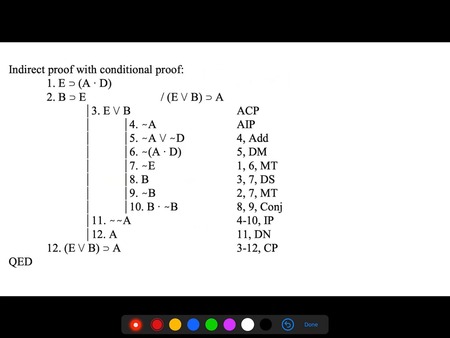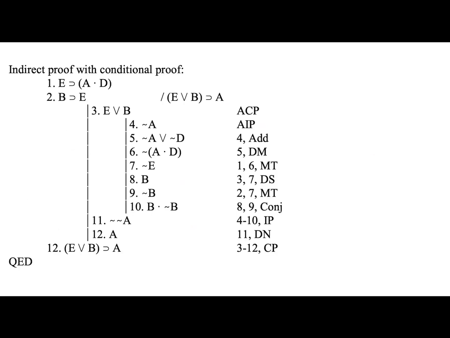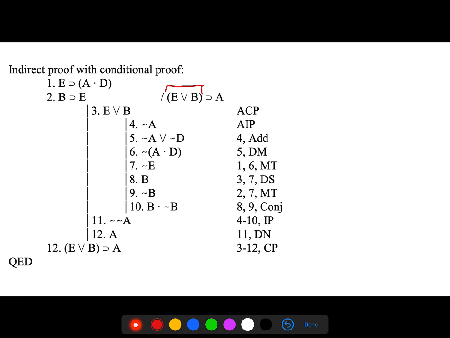Okay, here's another one for you. Okay, so here we have an ACP to start off with, and the reason that we're starting with an ACP is because there's a horseshoe. Now, sometimes an ACP will work with the horseshoe, sometimes an AIP will work with the horseshoe, okay? It just depends on the situation.